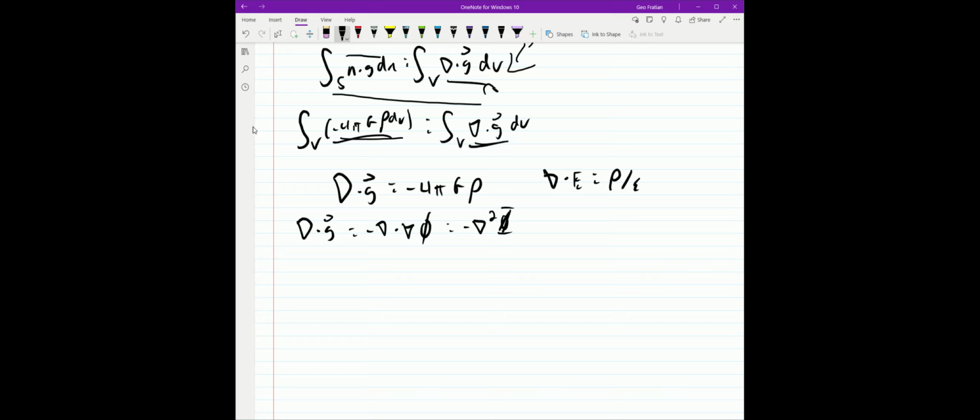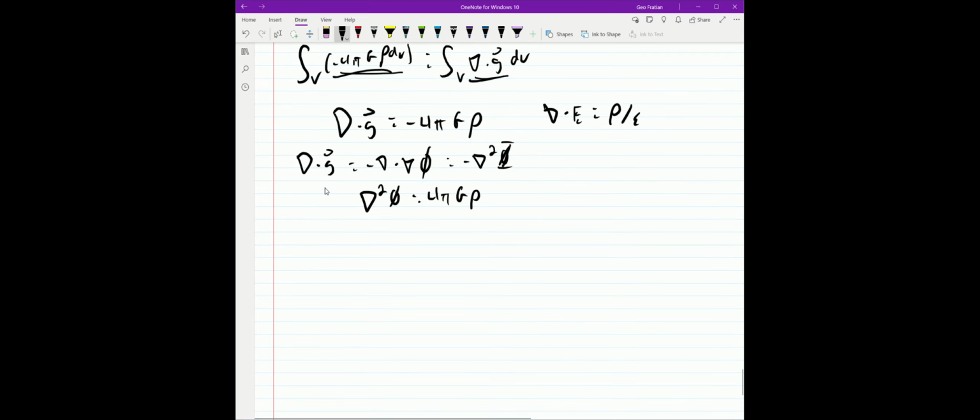So we have Poisson's equation now, 4 pi G rho, which is very similar to the one in electrostatics. Laplace's equation is when the right-hand side is equal to 0. Otherwise, it's called Poisson's. So it's Poisson's equation. Very good. That's a good introduction to Poisson's equation. Now we can move on to lines of force and equipotential surfaces.